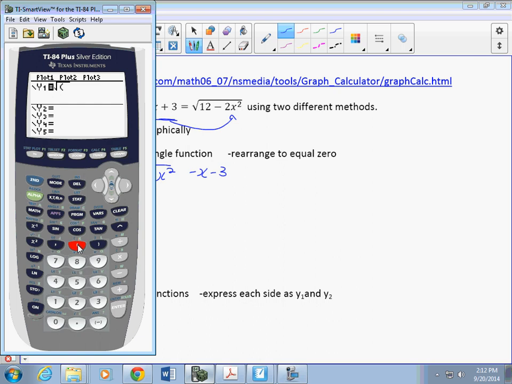So I've got 12 minus, not negative, 2x squared. And now I can close my bracket off. So that part there is going to be under the square root sign. Move your cursor over, so then it's minus x minus 3.